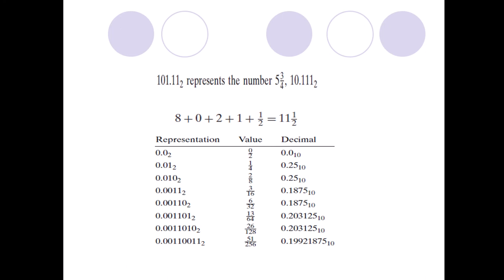In the same way, if you have a number, let's say 26 over 128. Now 128 is actually 2 raised to power 7, since 2 raised to power 6 is 64.